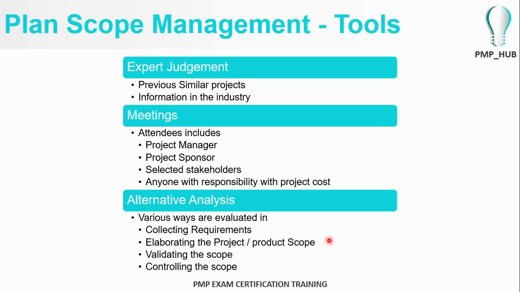You can discuss during these meetings the various ways of collecting requirements, elaborating the project scope or the product scope, validating the scope and controlling the scope, which will be handy in deciding how to plan the scope of this project.